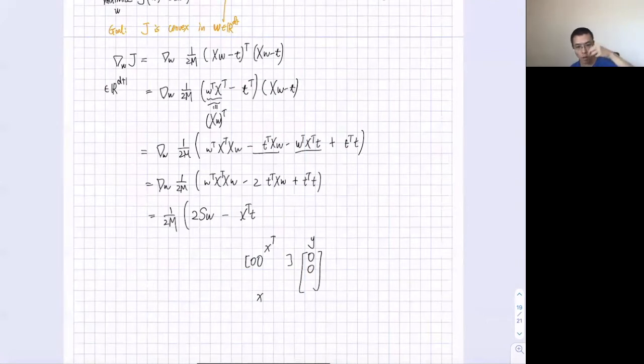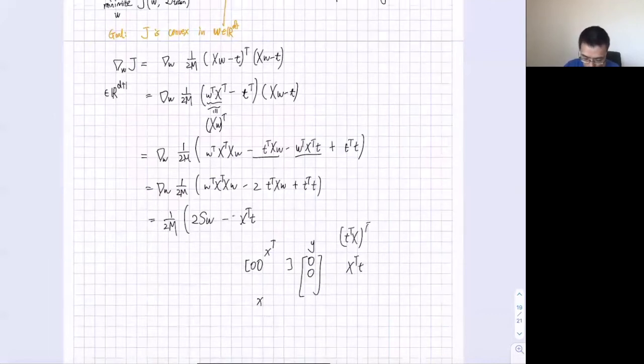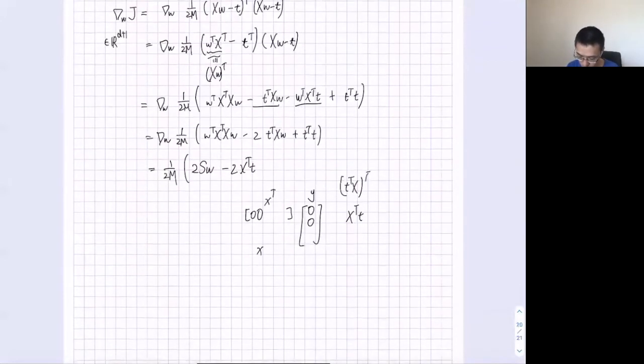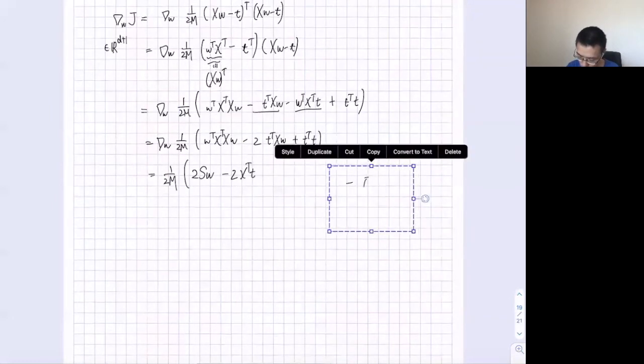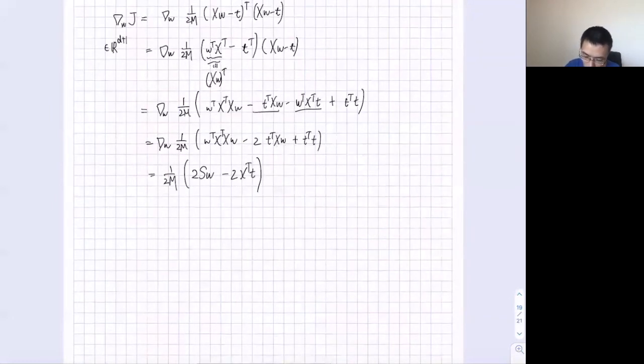So you still have a column vector, so it gives you the transpose. So it should be T transpose X, transposed, which is X transpose T. But now I forgot the 2 here. And T transpose T is a constant when you take the partial derivative with respect to W.